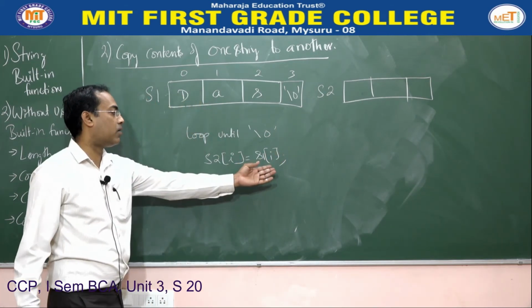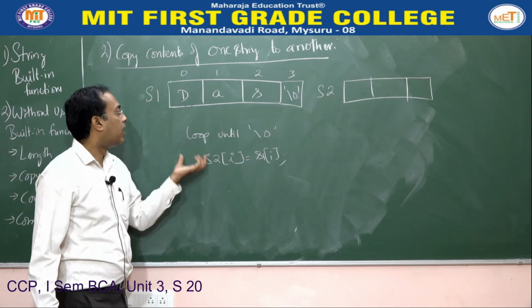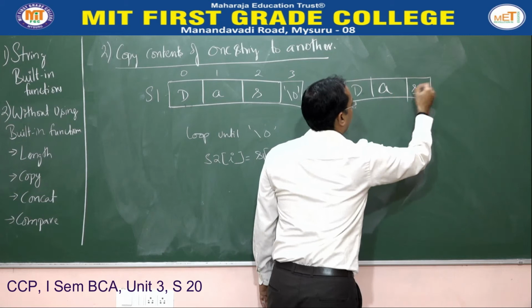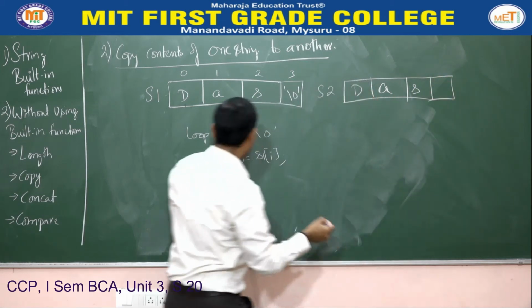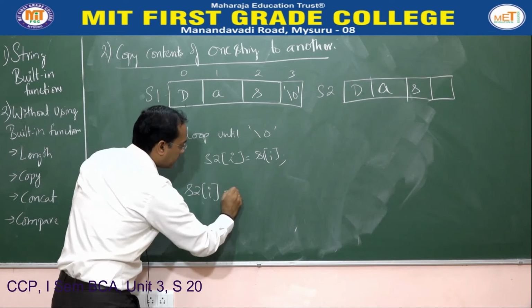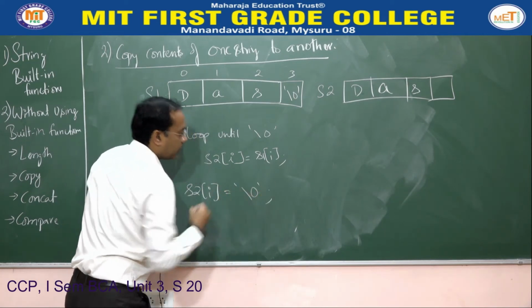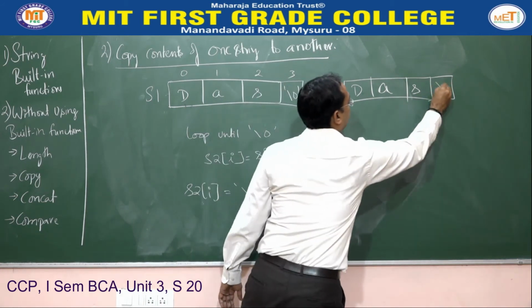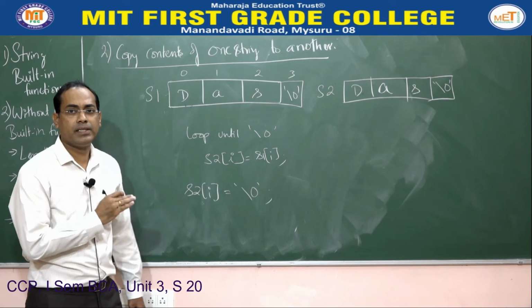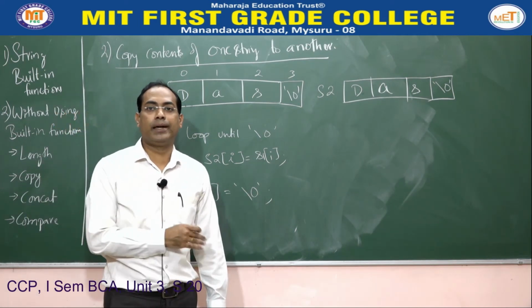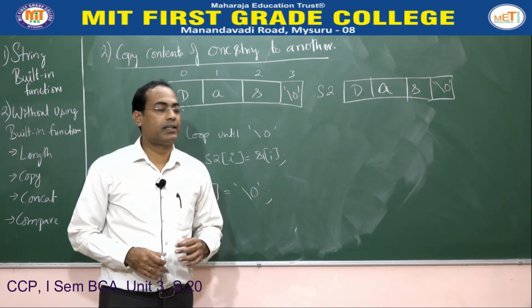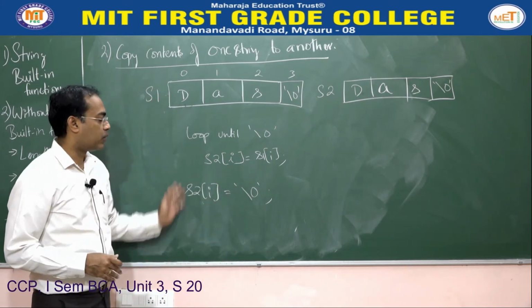That's it. S1 of i is equal to S2 of i. After copying each, then you have to assign the last character \0, otherwise the string will not be terminated. So you have to remember this. In the last video only, I explained to you, each string will be having an end of the string indicator character. So this is the logic.